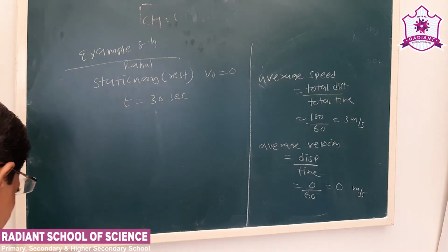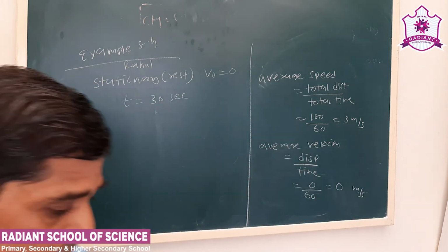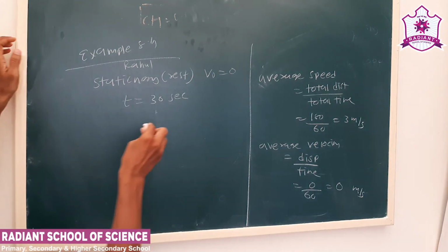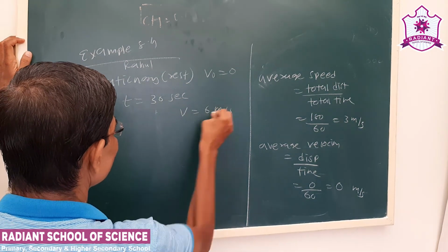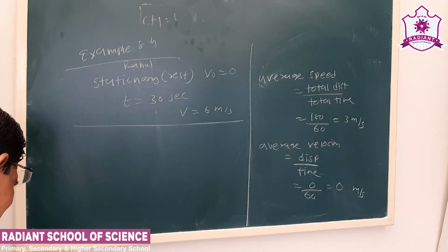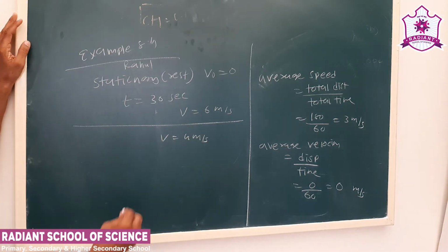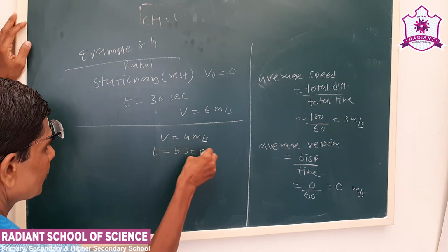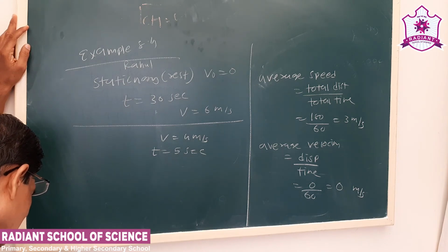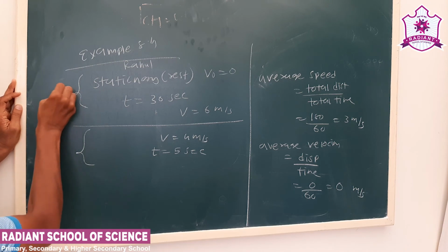This is the first part of the journey. Second part, he applies the brake such that the bicycle slows down to 4 meter per second in 5 seconds. Calculate the acceleration of the bicycle in both cases. This is part 1 and this is part 2.